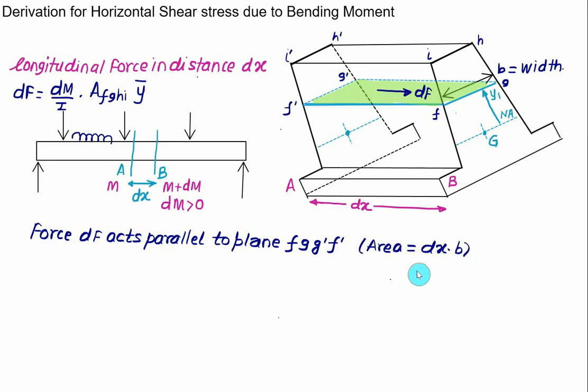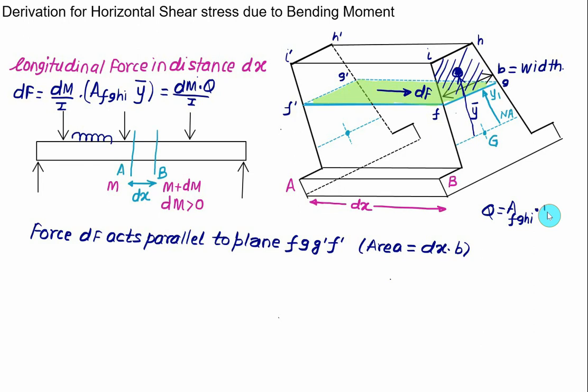Just to avoid confusion about the area, I will introduce one term called Q. Let me say that this product is equal to Q. So in this case we get dM multiplied by Q divided by I, and we have Q equal to the area of the hatch area, which is F, G, H, I, and y bar is the centroid of this area, and this centroid is from the neutral axis at a distance equal to y bar.